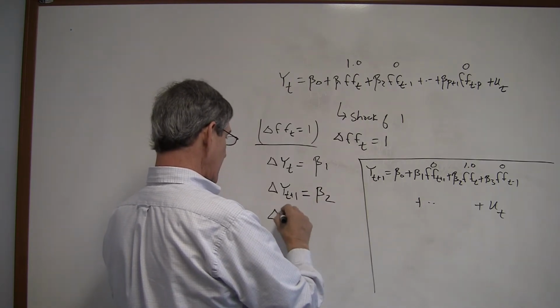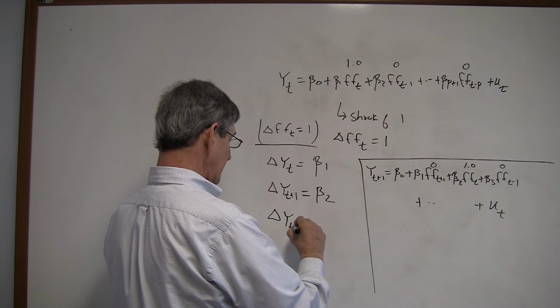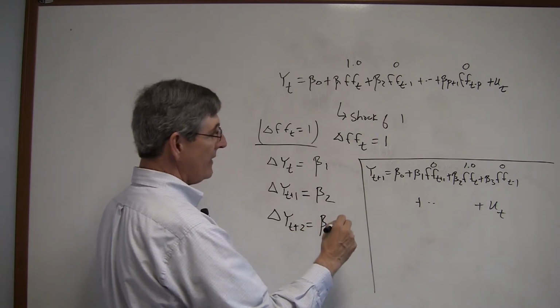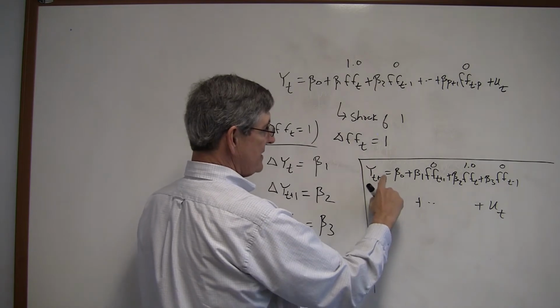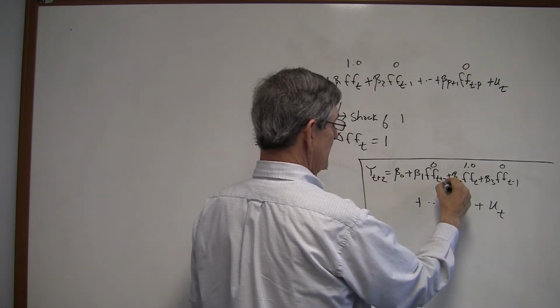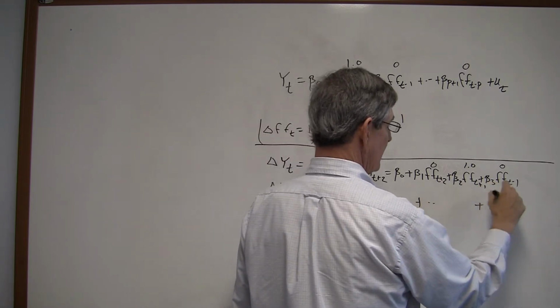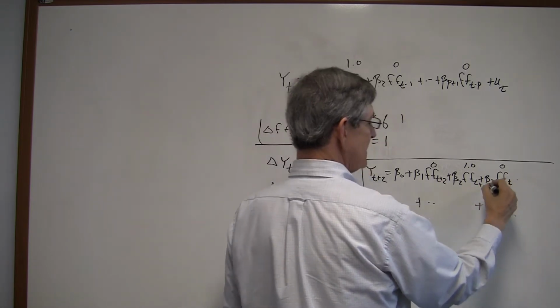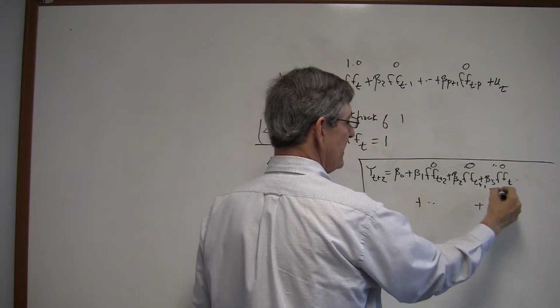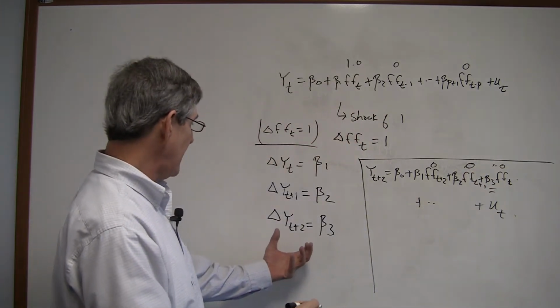So what do you think the change in yt plus 2 will be? If you guess beta 3, you'll be right. Because if I change this to t plus 2, this would be t plus 2, this would be t plus 1, this would just be t. And so this coefficient, now this would be 1.0, and this would be 0. Now this coefficient would be the change.